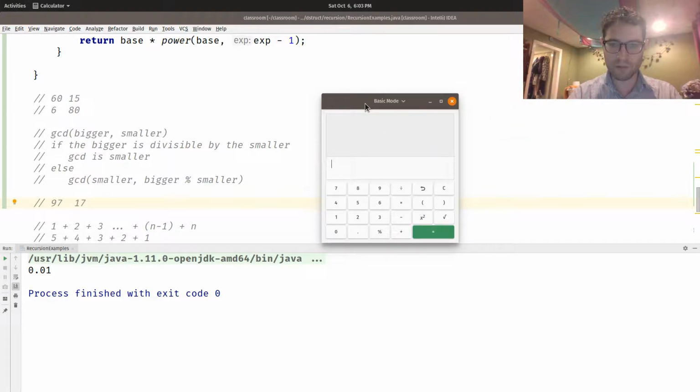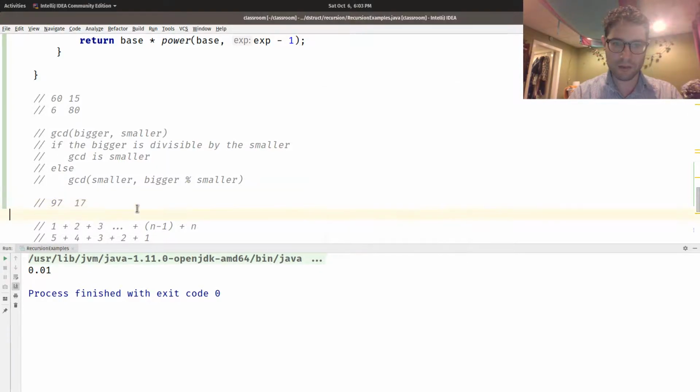It could do modular arithmetic, but I just want to show you 97 minus 17, that's 80, that's still bigger than 17, so minus 17. 80 minus 17 is 63, minus 17, minus 17. So we're going to end up with 12. So 97 mod 17 is 12.